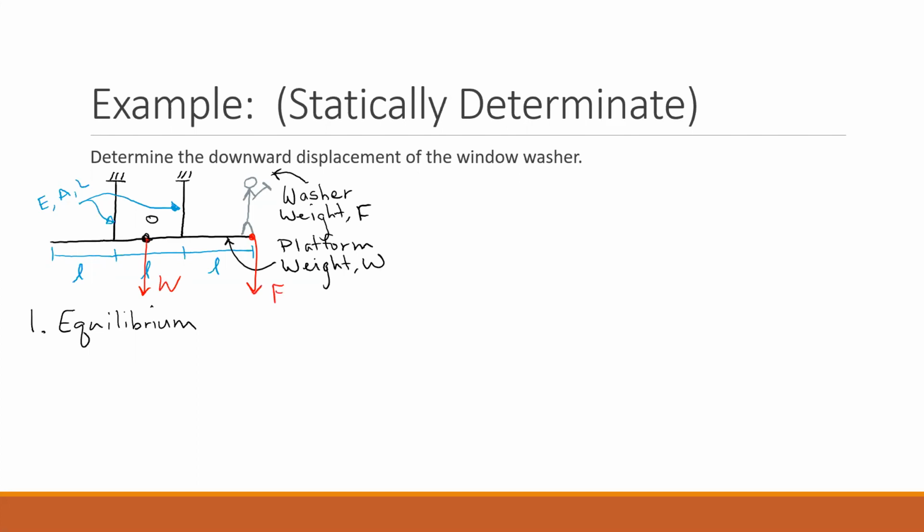So if we take the sum of the moment about point O, we're going to have a reaction on the left and a reaction on the right. So we'll say our reaction 1 times L over 2, and that's going to give us a negative moment. So negative R1 L over 2.